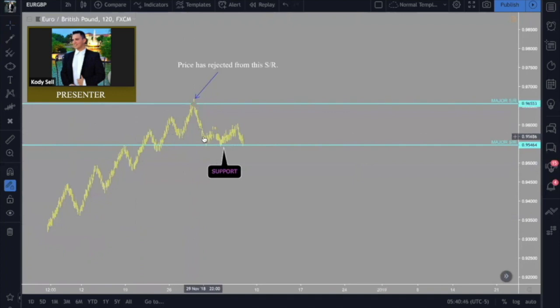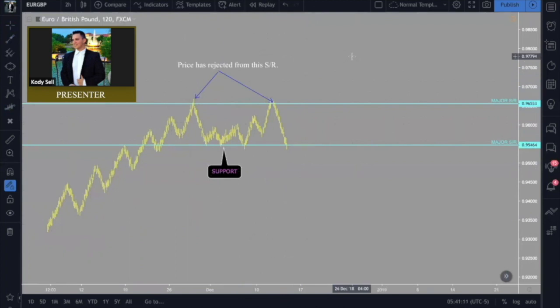Price fell very hard from this point. So now we're going to be watching price when it gets back up to this level. So price finds support, comes back up to our resistance. We would expect to see it fall again, right back down to our support. So we can now confirm that price is indeed being rejected from this level.